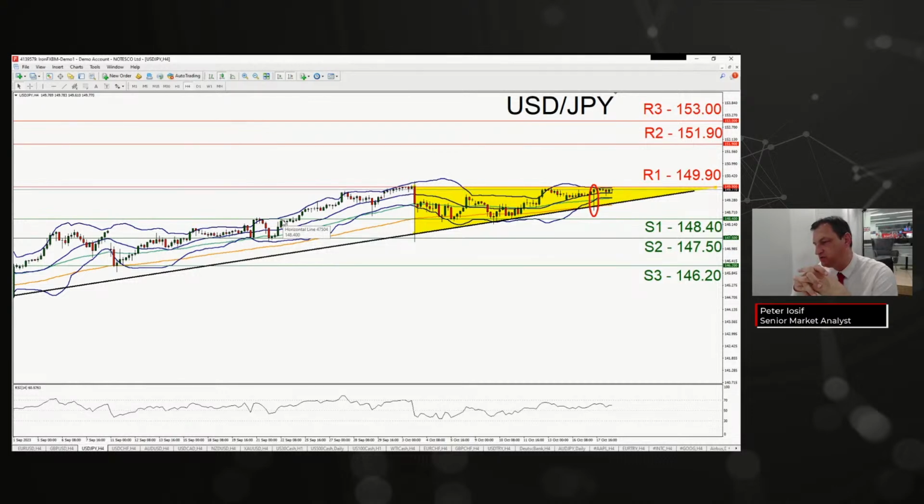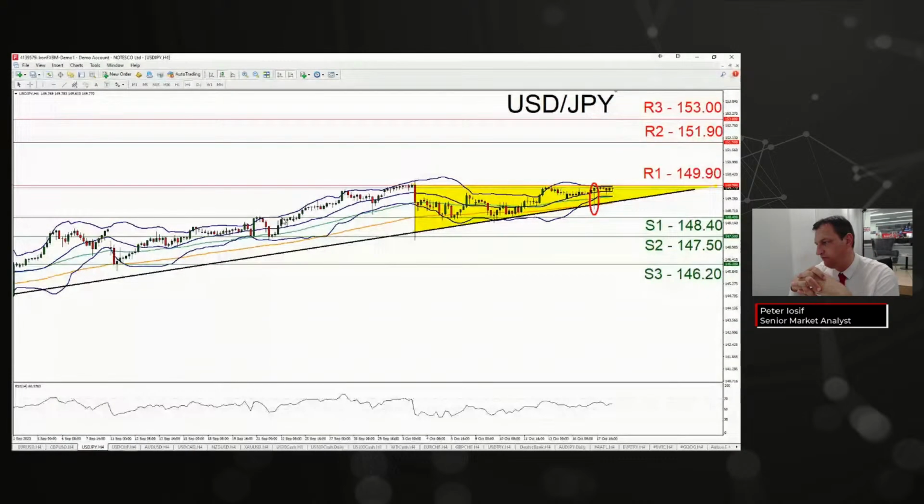And in that case, I wouldn't be surprised to see the pair start aiming for the 147.50. One small point which is being made by our followers here is that the S1, the S2 and the S3 could go lower. And actually that's pretty valid. Could go like this.